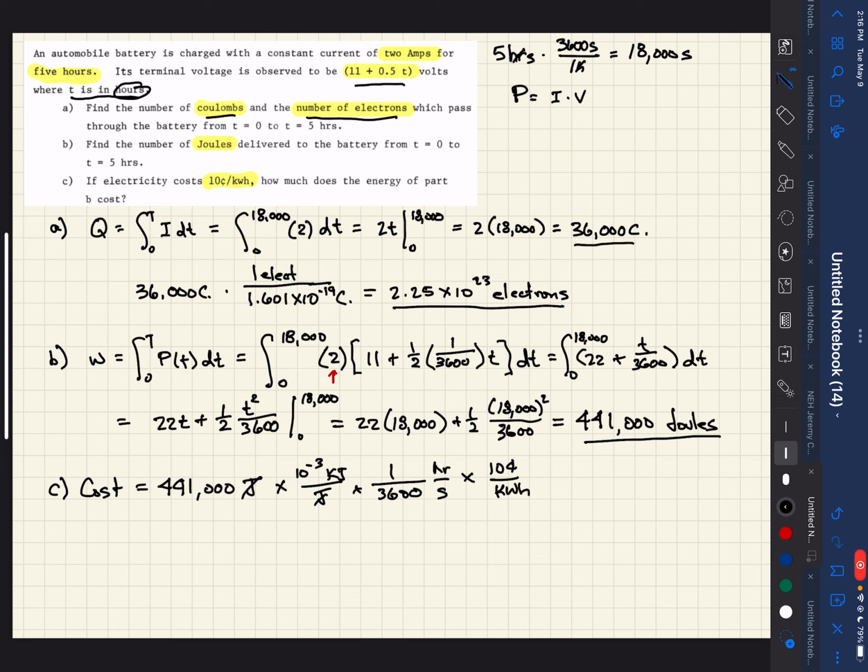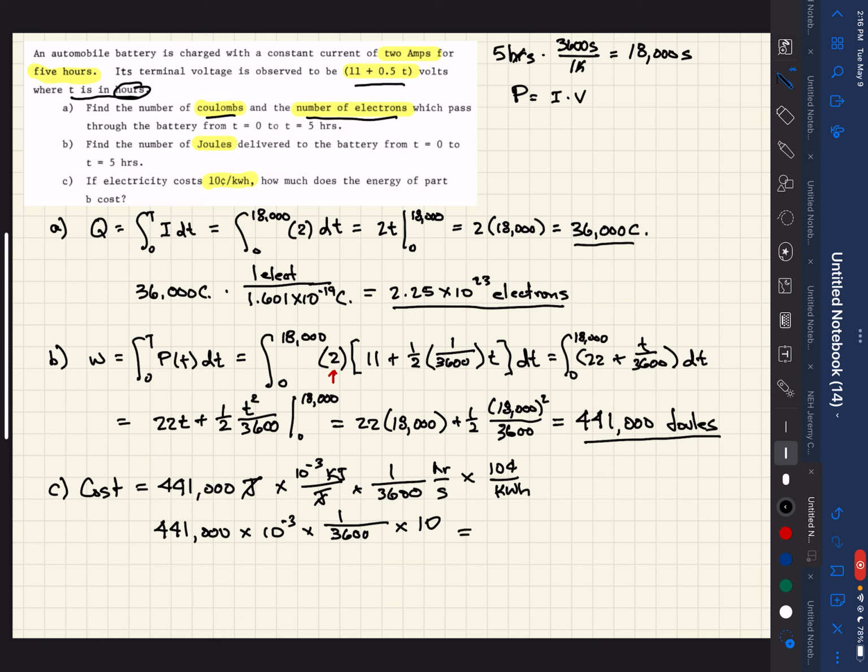So just to rewrite that, that would be 441,000 times 10 to the minus 3 times 1 over 3,600 times, if we're going to keep it in cents, then we'll just say times 10.